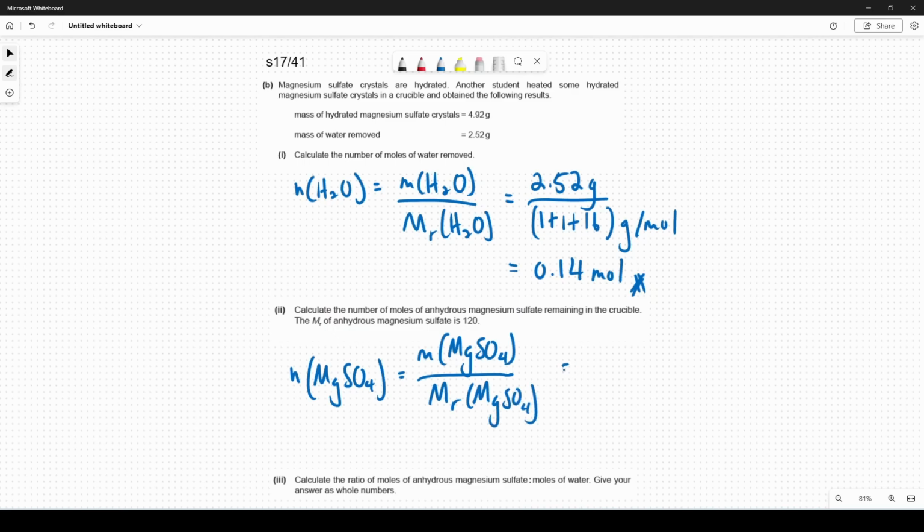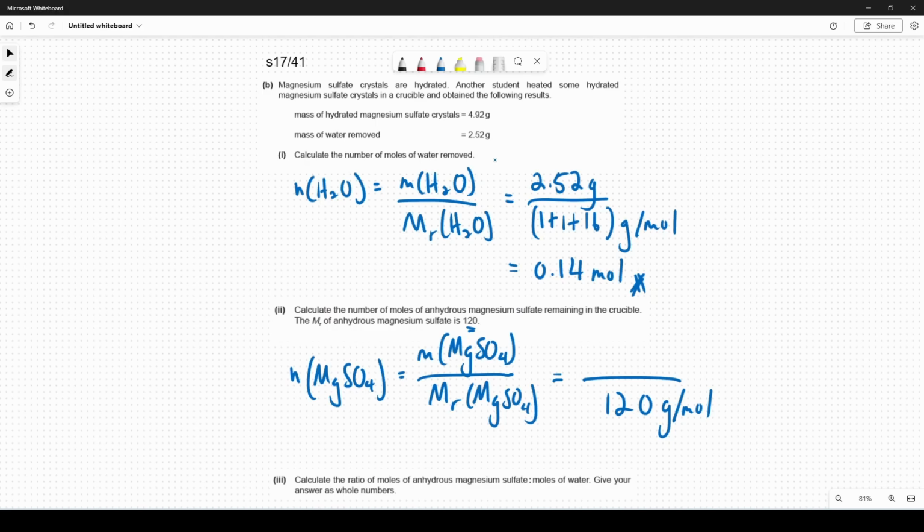We know that the molar mass of anhydrous magnesium sulfate is 120 grams per mole. That's given in the question. But for the mass in grams of magnesium sulfate, we'll have to work it out from the information given earlier in the question. So we know the mass of the hydrated crystals, we know the mass of the water that's removed. So the mass of the anhydrous magnesium sulfate would be the mass of hydrated crystals minus the mass of water removed.